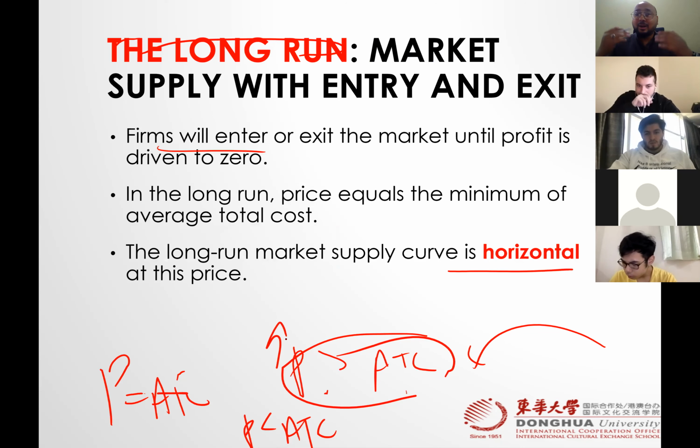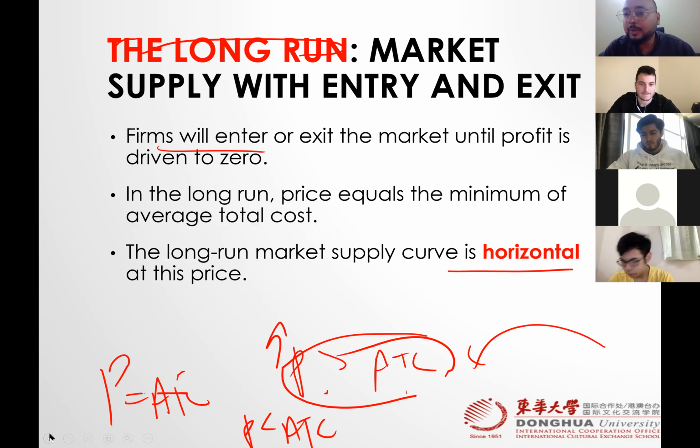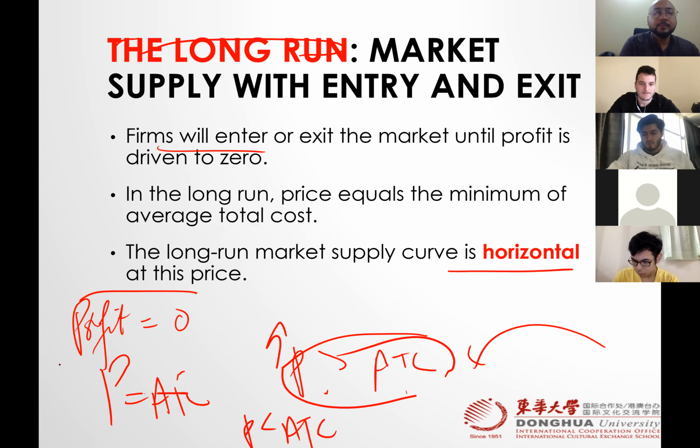So in the long run, no firm will be earning profit, zero profit. Why? Because whenever price is greater than average total cost in the long run, this activates the entry condition. New firms enter the market, supply increases, price decreases, profit is zero.